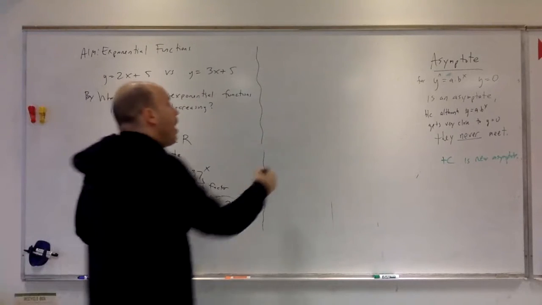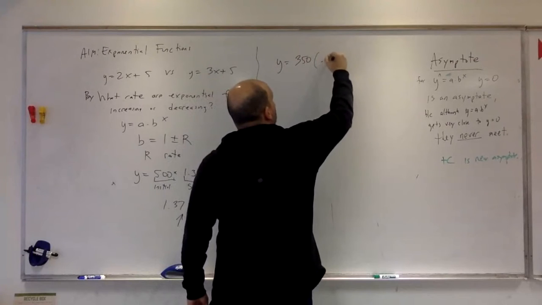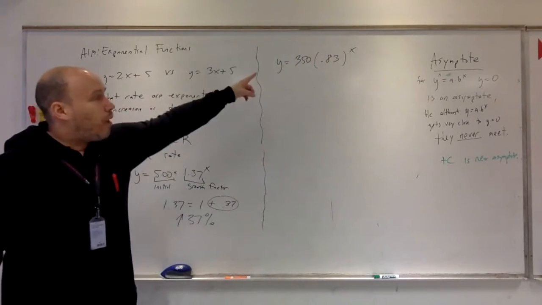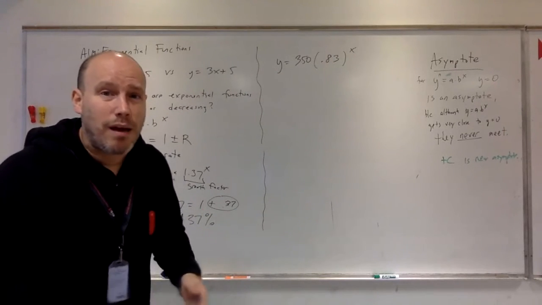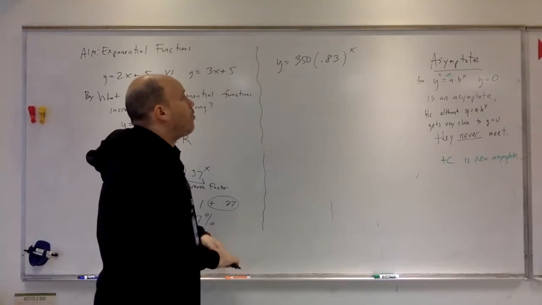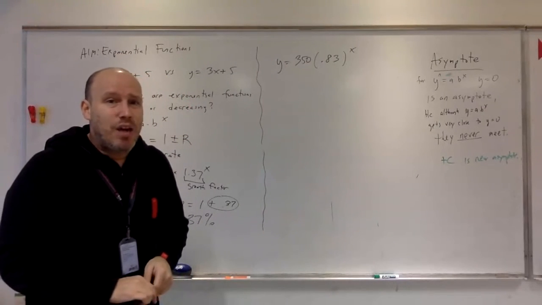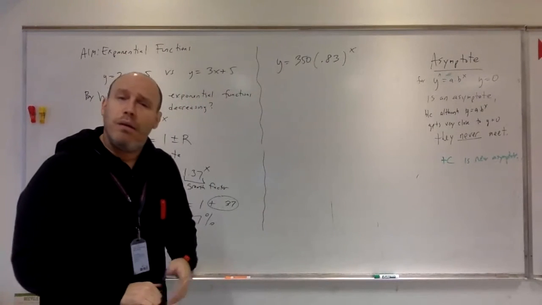Let's look at another example. How about y equals 350 times 0.83 to the x? You look at that equation. Well, let's make up a story. Maybe it's 350 rhinoceroses, and the growth factor is 0.83.